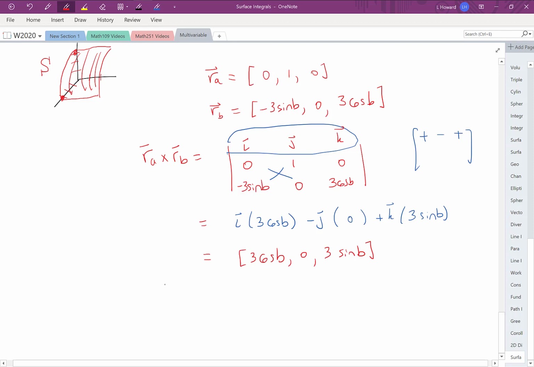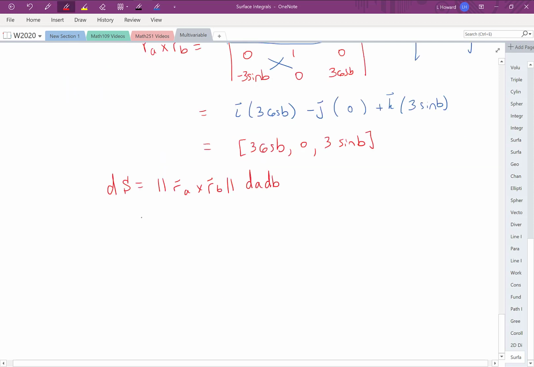So now what we'd like to do is take the length of this vector, and if we multiply that length times dA dB, that's giving us the dS that we're looking for. So let's get that part done. So length of our cross product is going to be the square root of the sum of the squares of our different components. So under the root, we'll have 9 cos squared b plus 9 sine squared b.